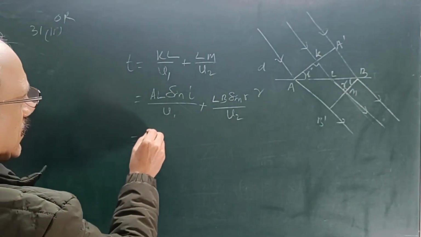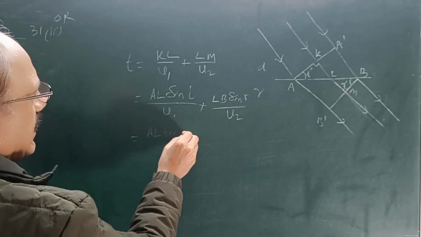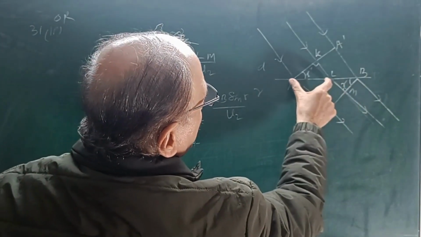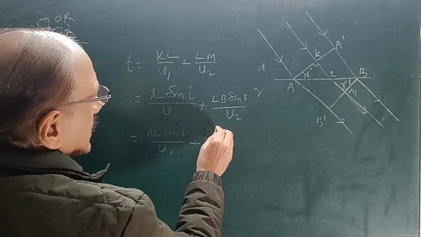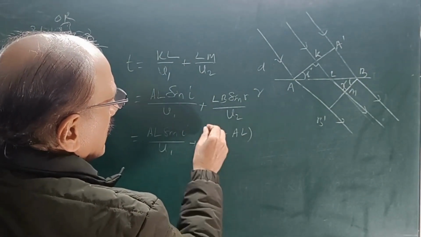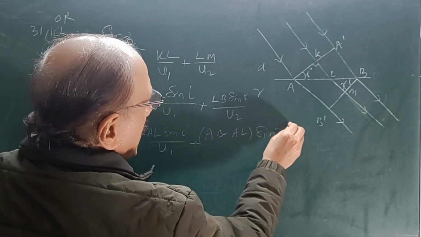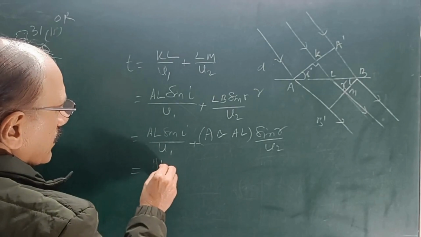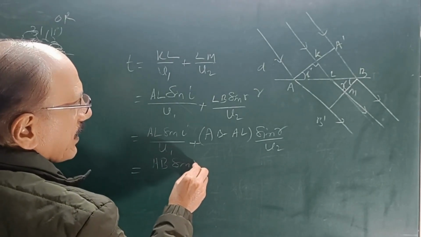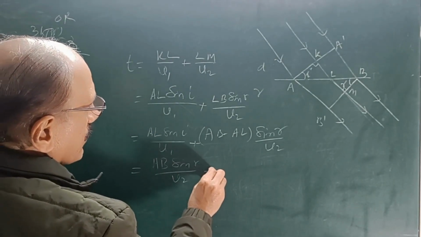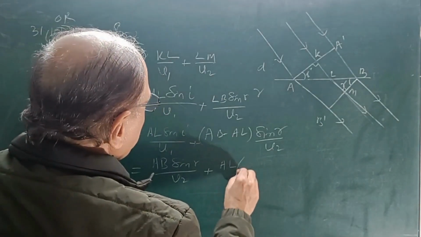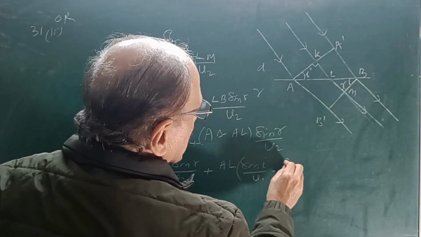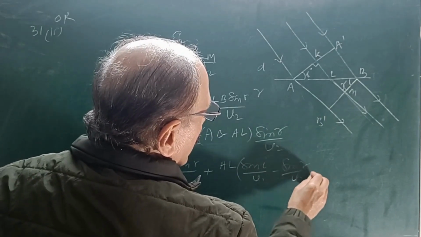So here this is AL sin I upon V1 plus LB, which can be written as AB minus AL. So it is (AB minus AL) into sin R upon velocity V2. So AB sin R upon velocity V2 plus AL common, sin I upon V1 minus sin R upon V2.